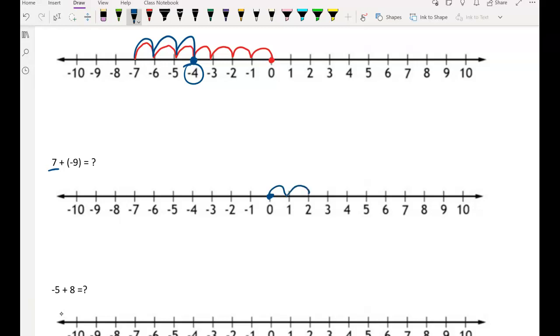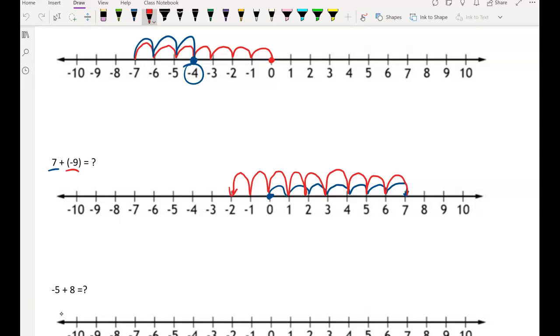And 1, 2, 3, 4, 5, 6, 7, right there. Okay? And then my next part says that I am going to add negative 9. And when I add negative, I'm going to go to the left. So 1, 2, 3, 4, 5, 6, 7, 8, 9. And that is where I end up.